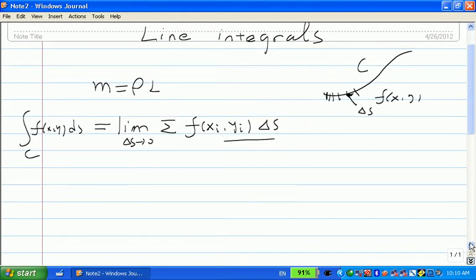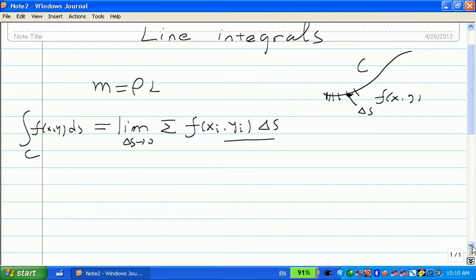That's what we call a line integral, because it is integrated along a line or curve. It has been defined by this limit.